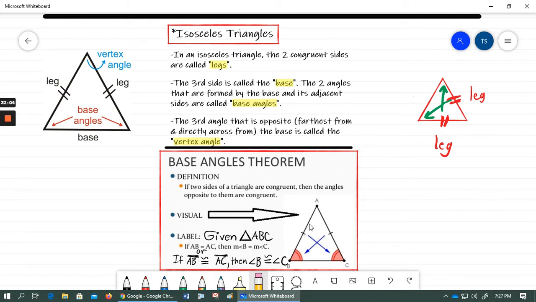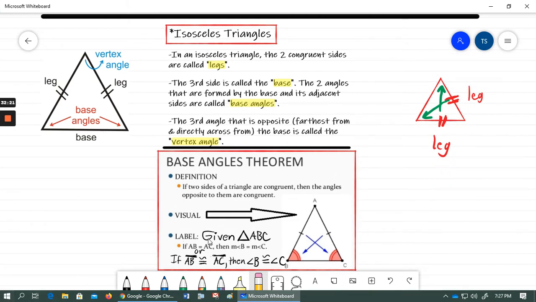In other words, when we say AB and AC, we're talking about the length of side AB equals the length of side AC. So they're saying that you've got two congruent sides, two sides that are the same length, right?